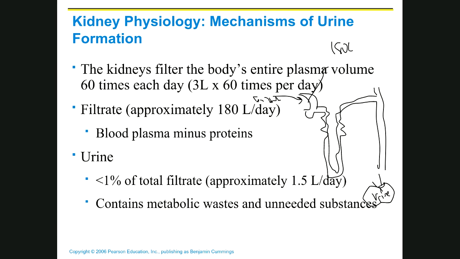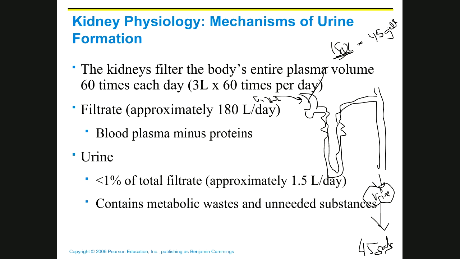Think about it. If you urinated 180 liters, that's about 45 gallons of urine. If you urinated 45 gallons, you'd also have to drink 45 gallons of water. All you'd have time to do would be to drink water and go to the bathroom.